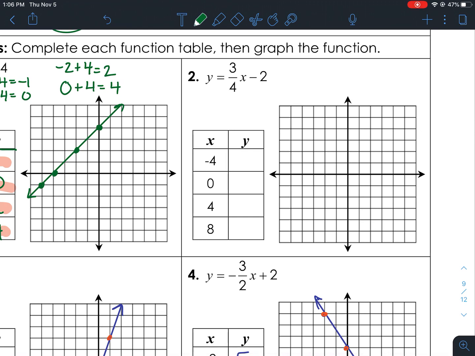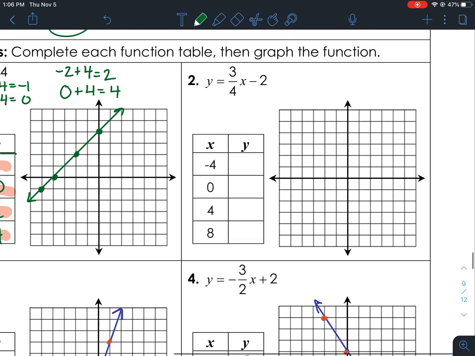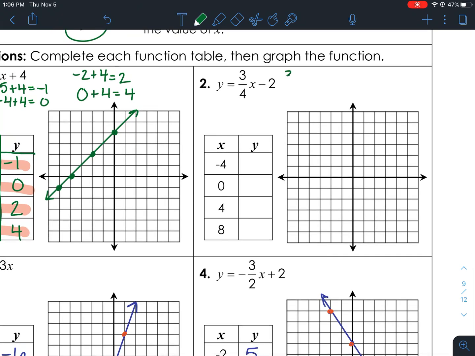This one involves fractions. Great time to whip out that calculator and just plug these in. So here I'm going to have 3 over 4 times that first input of -4 minus 2. When I plug that into my calculator, I'm going to get -5.